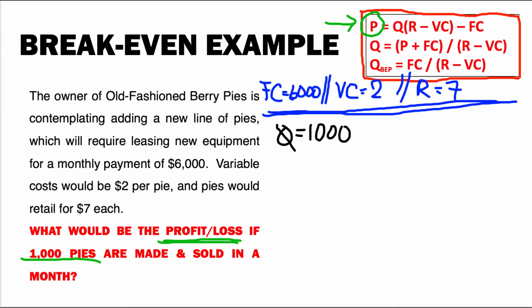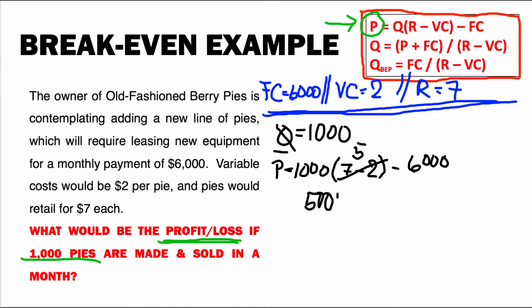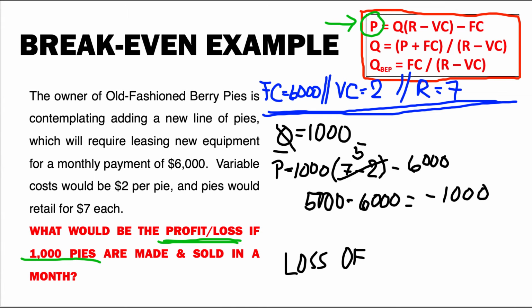And now we're ready to solve for P. Okay, so P equals 1,000 times (7 minus 2) minus 6,000. 7 minus 2 is 5. So 5,000 minus 6,000, which gives us a profit of negative 1,000, which means that if we sold 1,000 pies a month, we would be at a loss of $1,000.